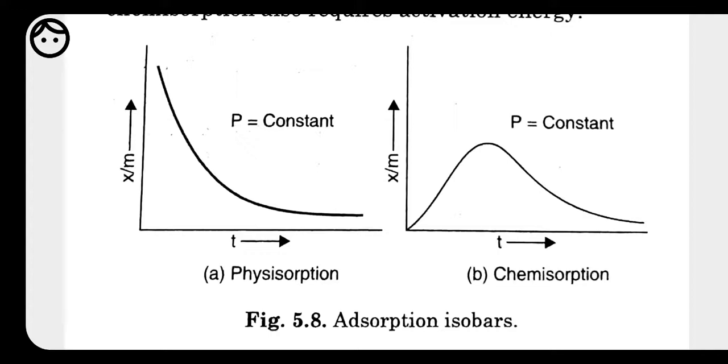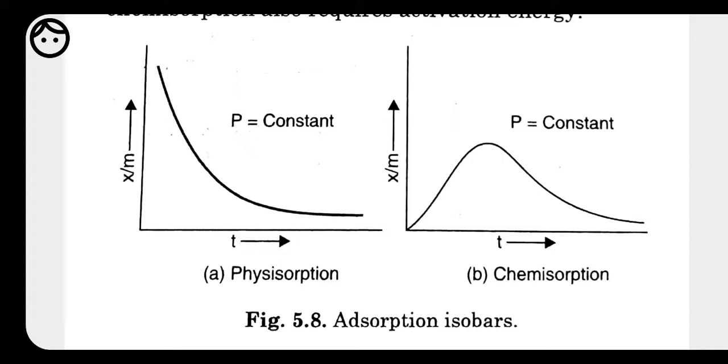Because for physical adsorption we do not need any activation energy, and the bond formed between the adsorbate and the adsorbent is very weak. That's why on increasing the temperature, the extent of adsorption decreases. In the graph it is easily seen that on increasing the temperature at constant pressure, the extent of adsorption decreases.